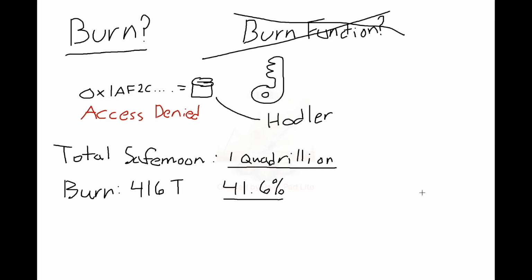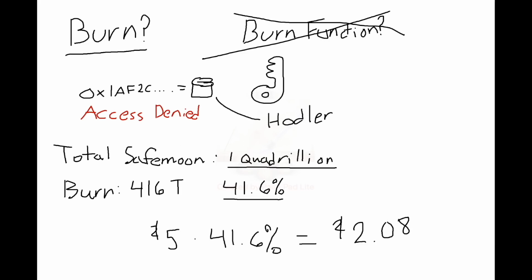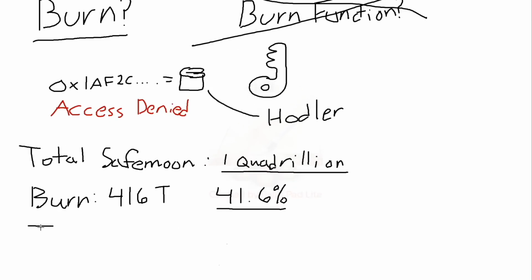This would only be true if the reflections we received were the same and never changed from holder to holder, but that is not the case. The bigger of a bag you have, the more Safemoon you are rewarded with. Since the burn wallet owns 41.6% of the supply, it will burn, whatever you want to call it, 41.6% of our reflections, or $2.08 out of that $5 that was split up off of Alice's gift to Bob.